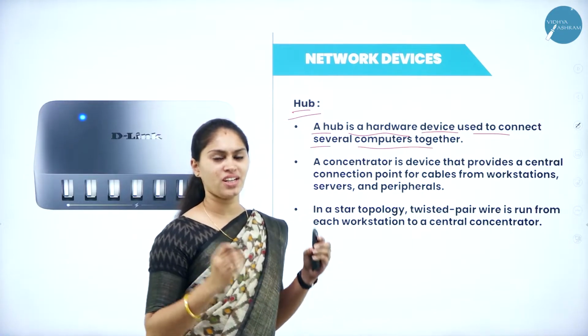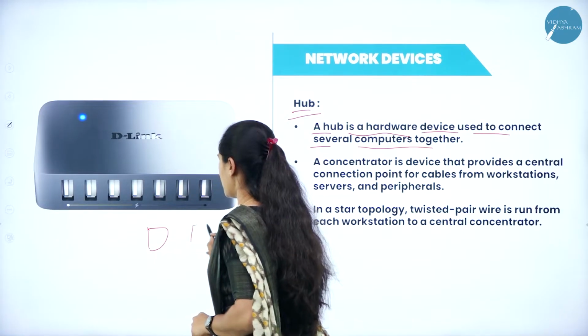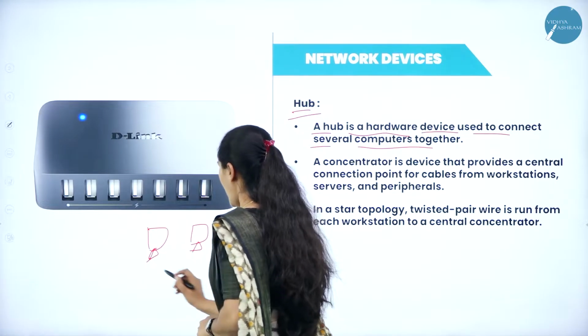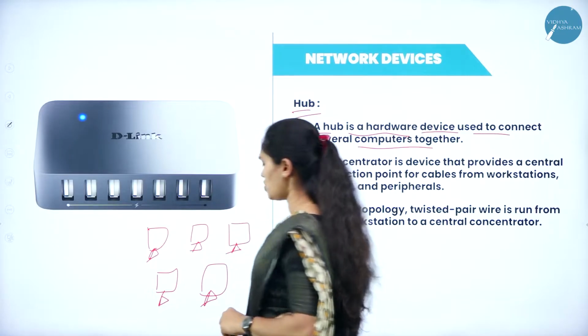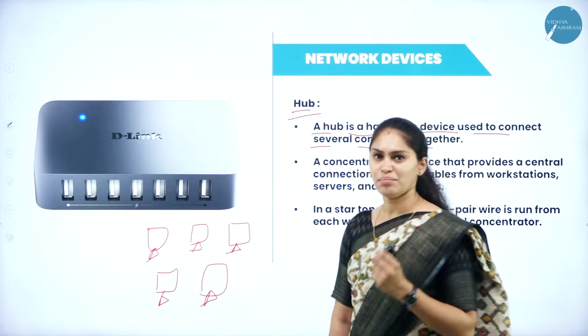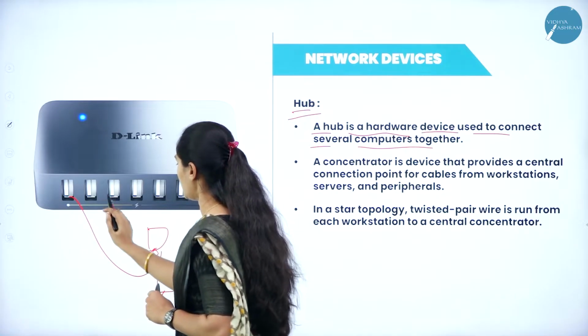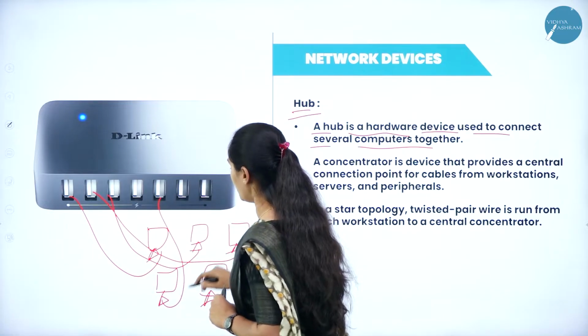So just imagine you are in a cyber center. Consider you have 10 systems there. Instead of managing every individual computer, they are simply going to connect all the devices to the hub.